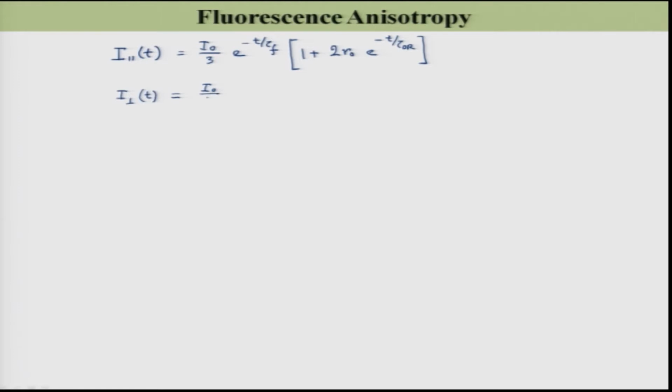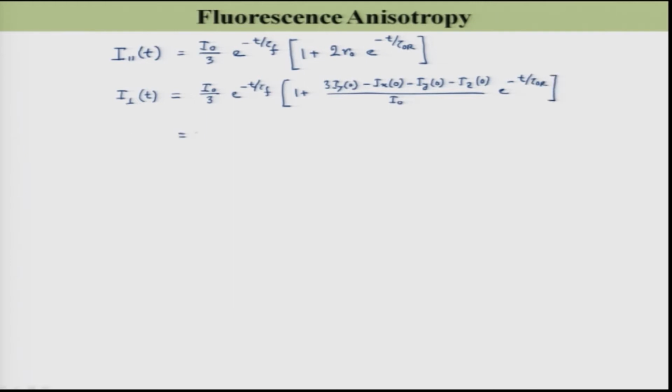You will get I 0 by 3 e to the power minus t by tau f, and immediately you will get 1 plus 3 I y 0 minus I x 0 minus I y 0 minus I z 0 divided by I 0 e to the power minus t by tau r.